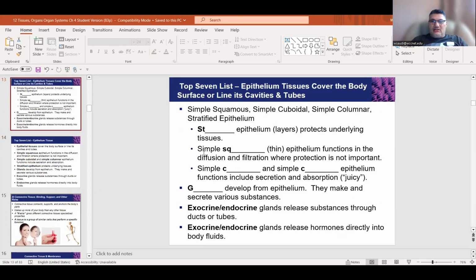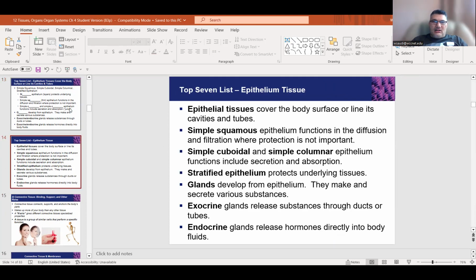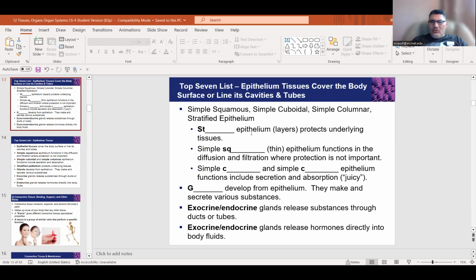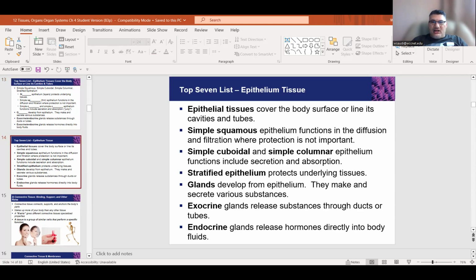So epithelial cells, we're talking about the epithelial cells. Which cells are layers? Which cells protect? It is epithelial cells. If it is multiple layers, it is stratified.